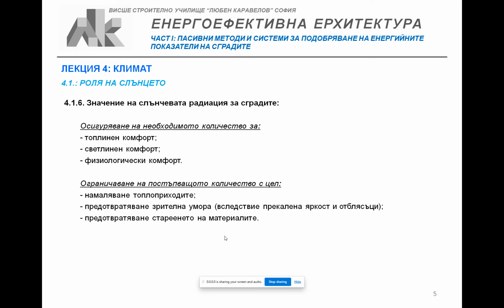So, the role of the sunlight for building functioning and energy efficiency. The sunlight provides the necessary amount for heat comfort, light comfort, and physiological comfort connected with the regime of sleep and wakefulness.